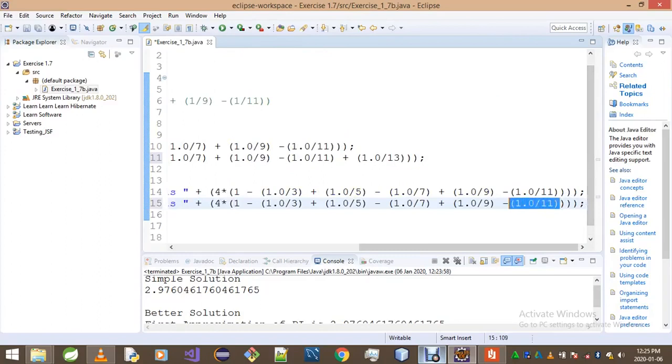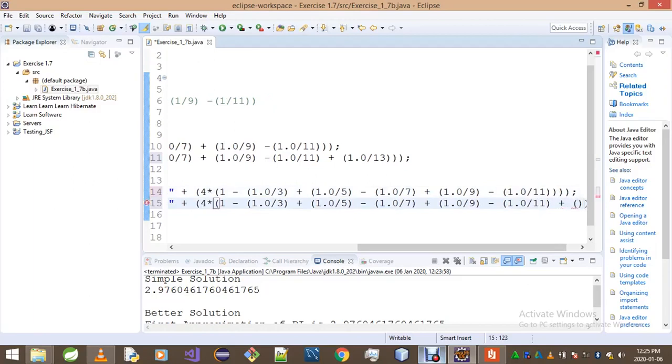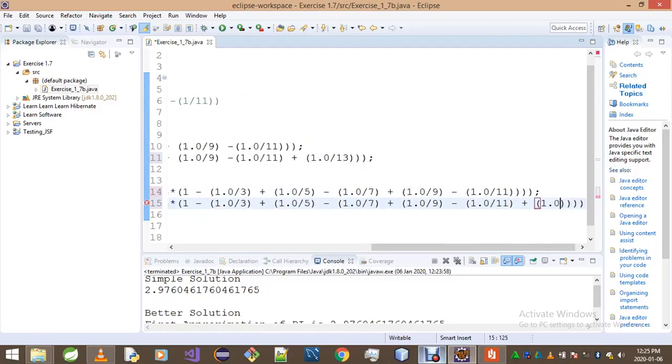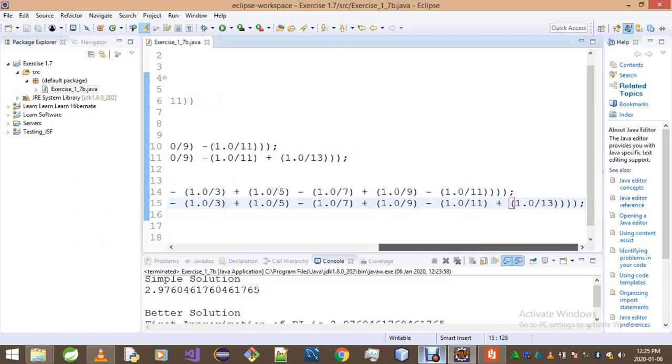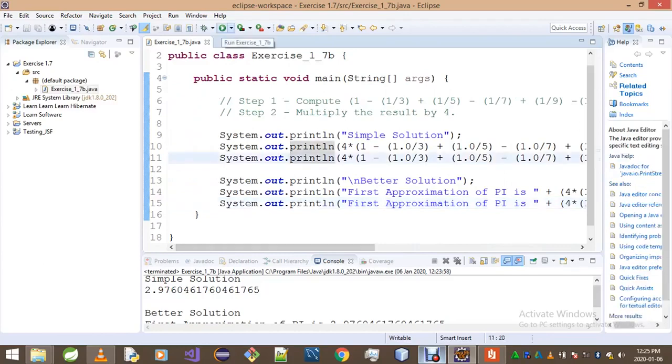We've got to add plus 1.0 over 13. Let's run it again.